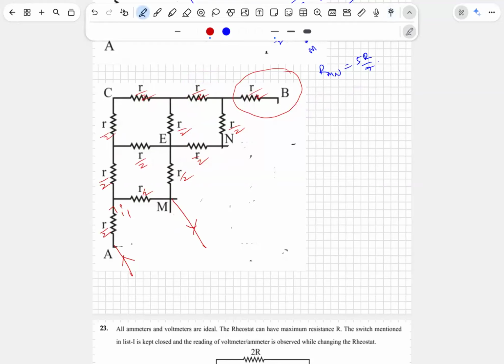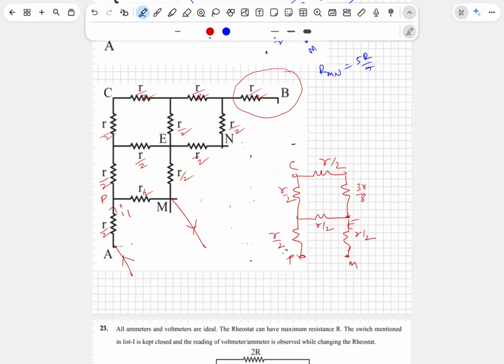Now what will happen is, from here, R by 2, R by 2. Please tell me, R by 2, R by 2, R by 2, 3R by 2, R by 2. This is M. Then you get the pair.